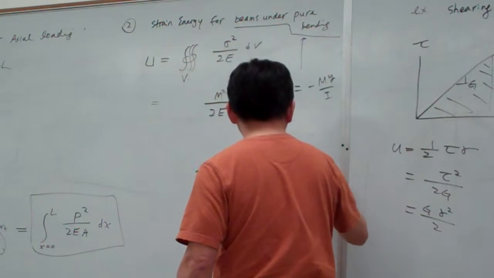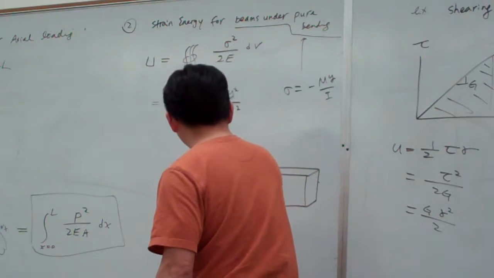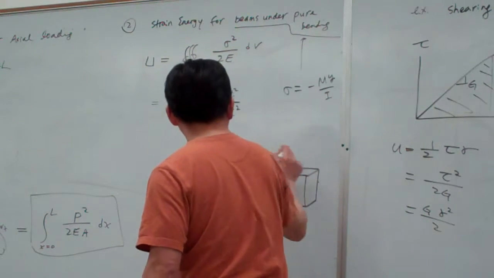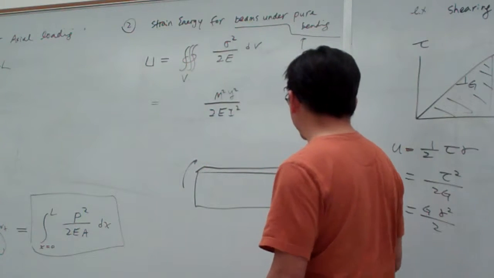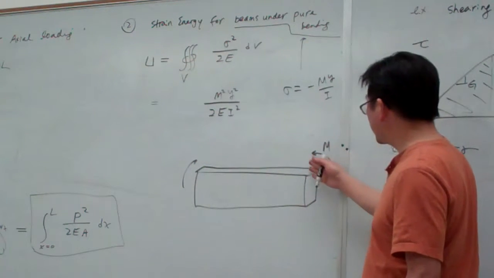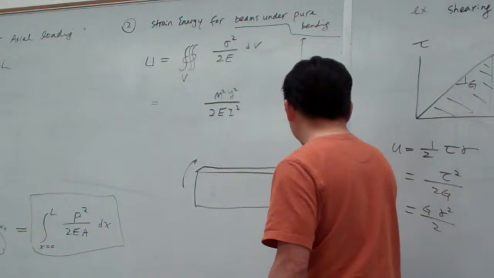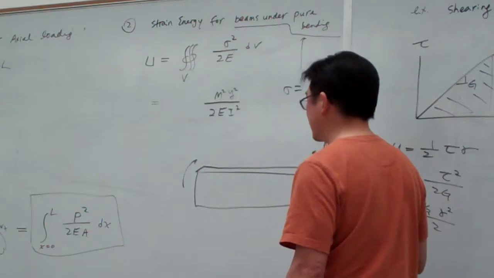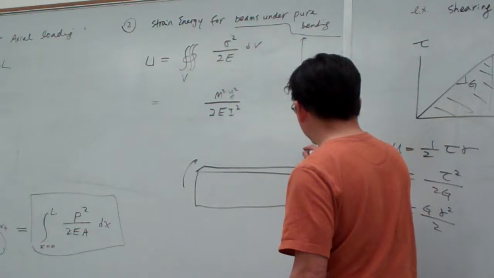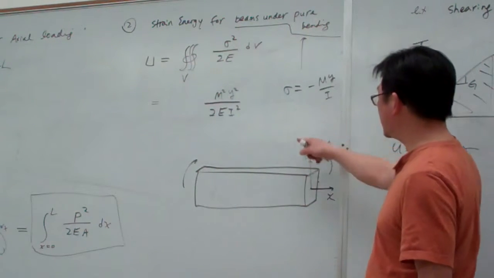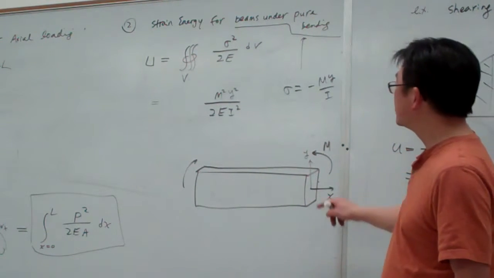So if this is the beam, and again the bending is applied on the plane of symmetry, this is our x-axis, and this is our y-axis. Those notations simply follow this one.